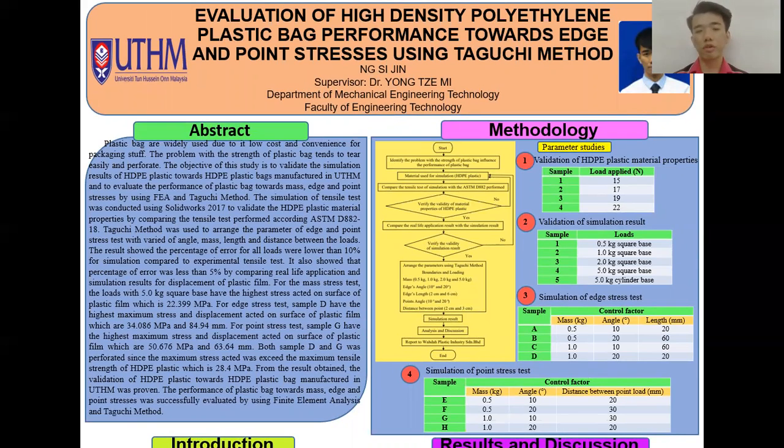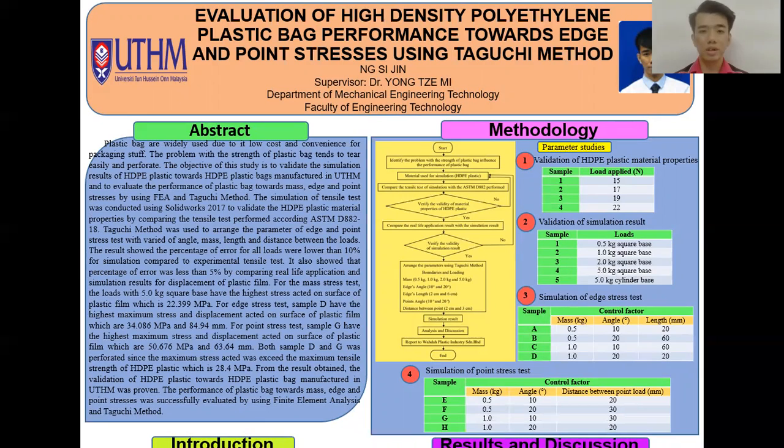And this one is the flowchart of the project. The first, we need to identify the problem with the strength of the plastic bag because it can influence the performance of the plastic bag. And identify the material used for the simulation, which is the HDPE plastic. After that, compare the tensile strength of the simulation result and the MTS test that was already done by the seniors.